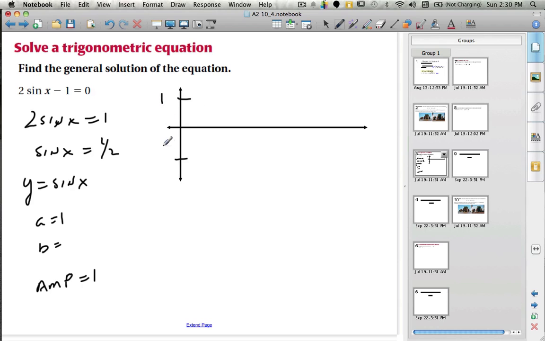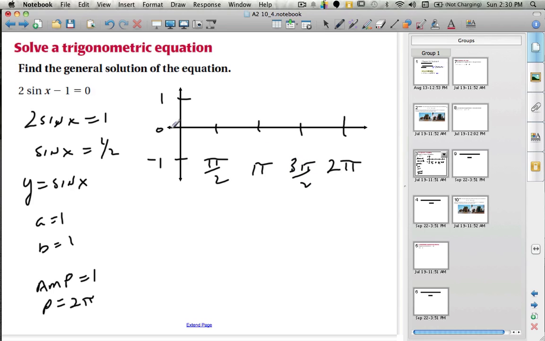I'm going to go between 0, 1, and -1. B is equal to 1 as well, so my period will be 2 pi over 1, which is 2 pi. I'm just going to examine one cycle for now: pi over 2, and 3 pi over 2.